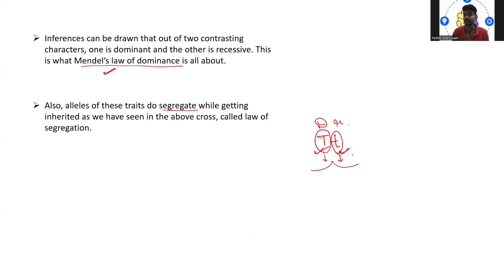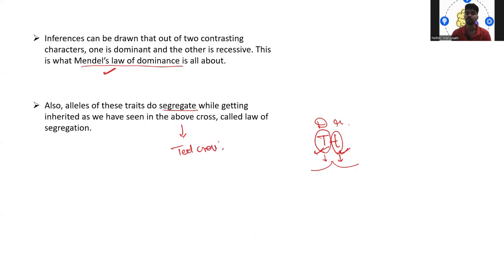That is what the law of segregation says. Alleles of these traits do segregate while getting inherited, as we have seen in the above cross, which is actually the test cross.